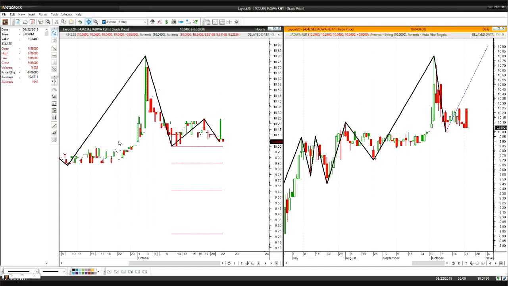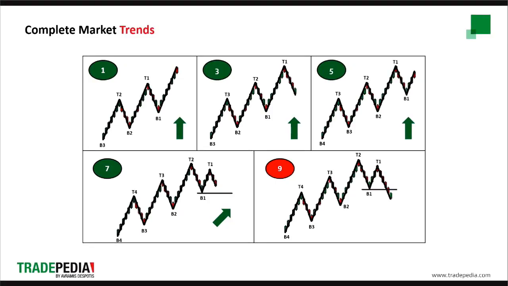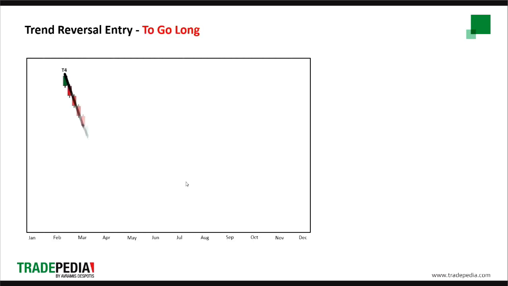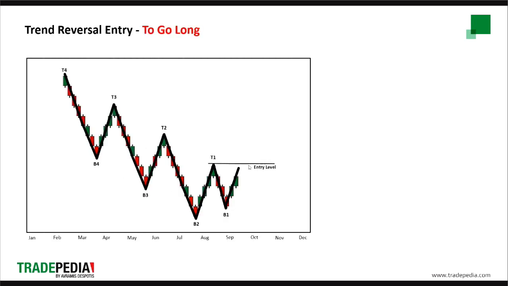Now, just let me summarize everything because entering the market is good, but we also have to learn how to exit the market. So after a downtrend, I know prices will fail to go below this bottom. I have a good bullish setup here, a bullish reversal. I will set my entry level above T1.